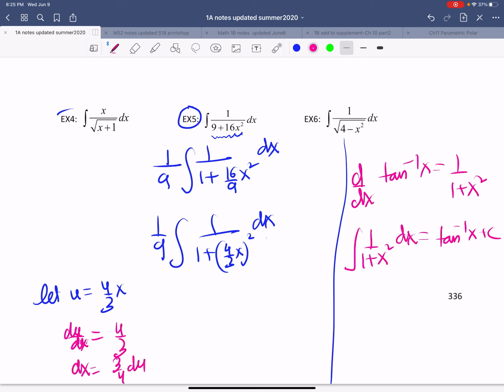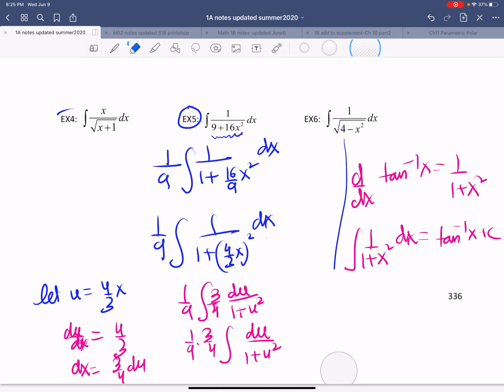So now changing that integral into a u integral, dx is 3/4 du, and then we have 1 over 1 plus u squared. So 3/4 can be pulled out, du over 1 plus u squared.